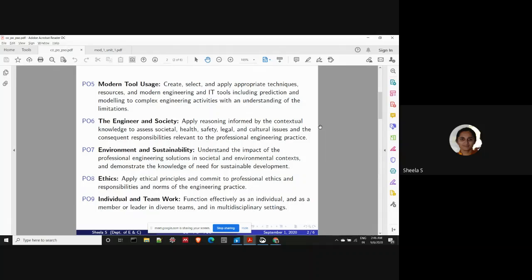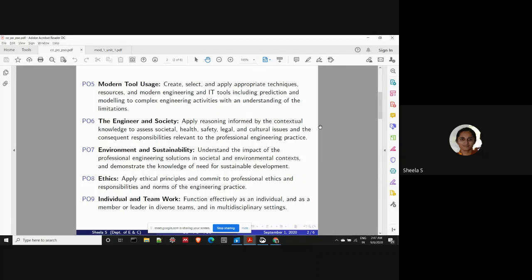If our solution is not sustainable in all contexts, then it will not give a proper solution. So we should think of a sustainable solution, whether our solution meets the requirement, and how long that particular solution can be used. All these things we can consider.